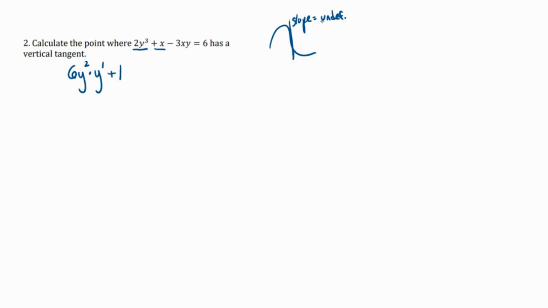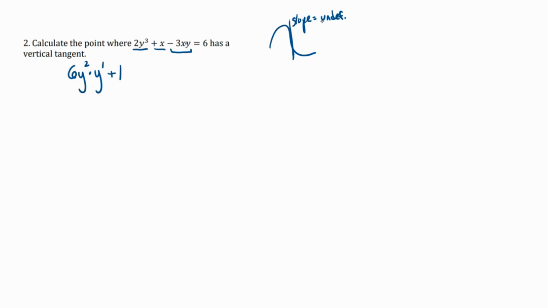And then the derivative of negative 3x times y, you're going to have to use the product rule because it's x times y. So be careful whenever you have a product of x's and y's together, or x's together, or y's together. If you have any sort of product, you're going to want to use the product rule.